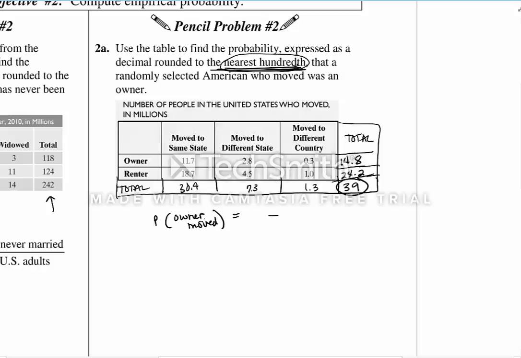So out of the total people who moved, which was 39, the total number of owners was 14.8. And then in your calculator, 14.8 divided by 39 is 0.37948, and it continues on. So we're going to round that to the nearest hundredth, which will go up 1 to 0.38.